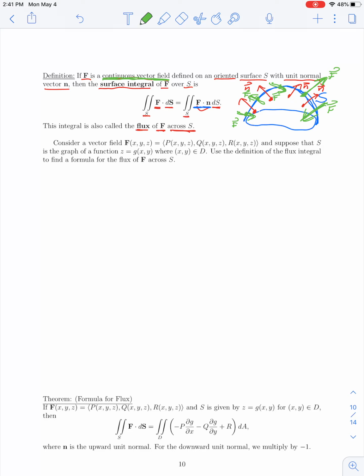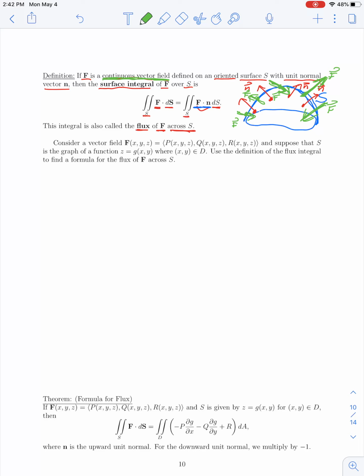And we can see from the way that we've drawn these velocity or vector field arrows that for some points, the velocity field might act in a direction opposite of the unit normal vector. That is, if we have the upward unit normal, for some points our velocity vector is flowing downward. At other points it's flowing upward.